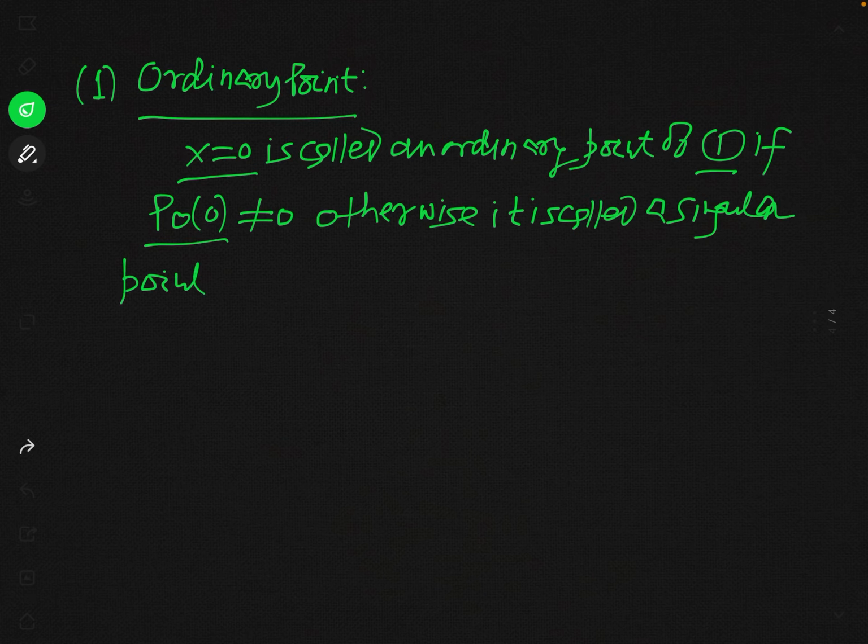Here, first of all, we will see what the series solution of this equation is in the Frobenius method if x equal to 0 is a singular point of this equation.